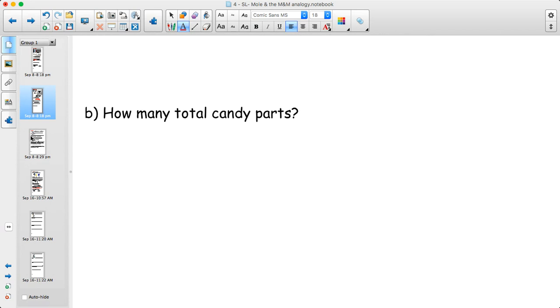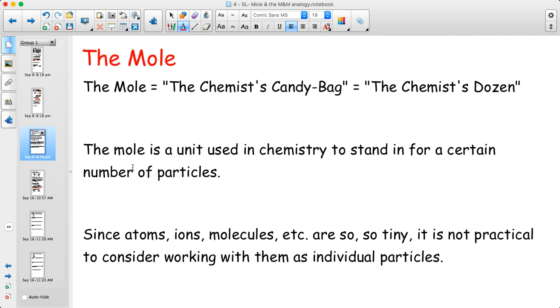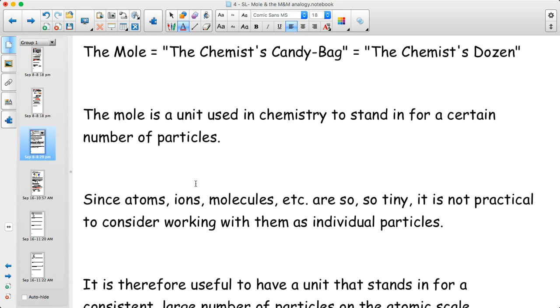Okay, so at this point, hopefully that concept is okay, and we can try more in class if you're still getting stuck on it. But where it leads us to is this unit that we're going to use in chemistry called the mole. The way you should think of a mole is it's really just a simplification. It's sort of like the chemist's candy bag. It's a unit that stands in for a certain number of particles.